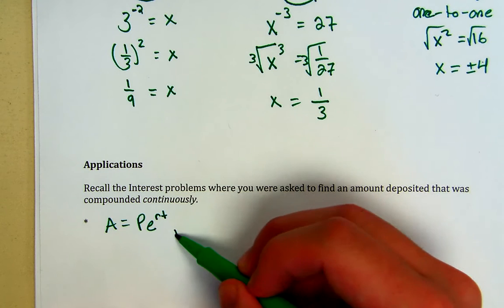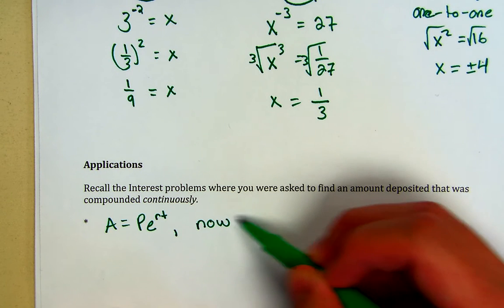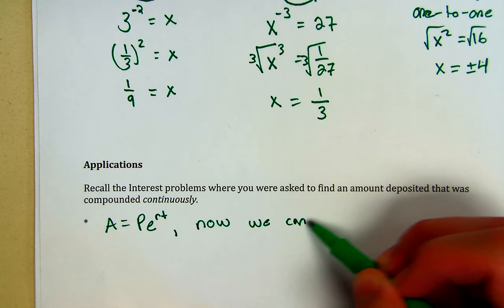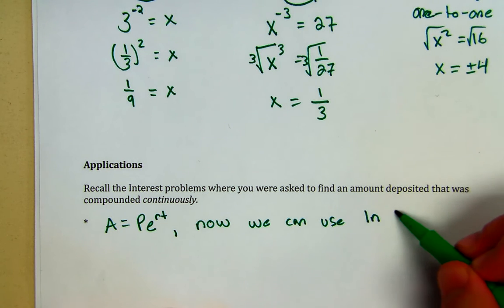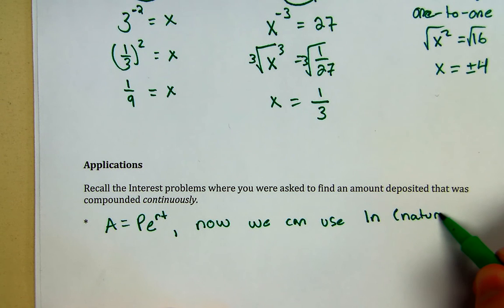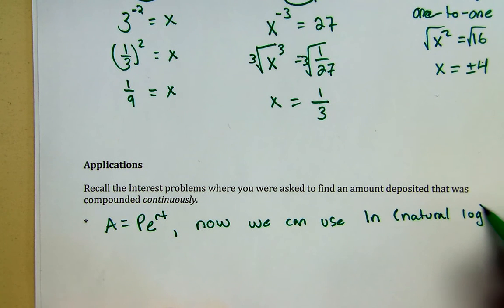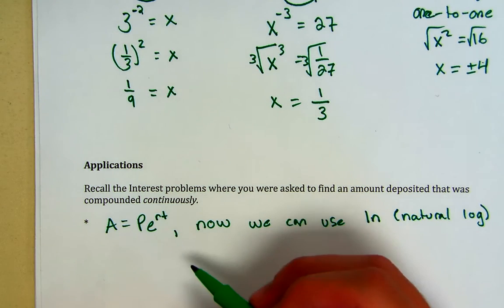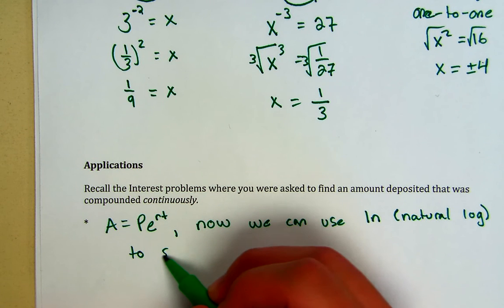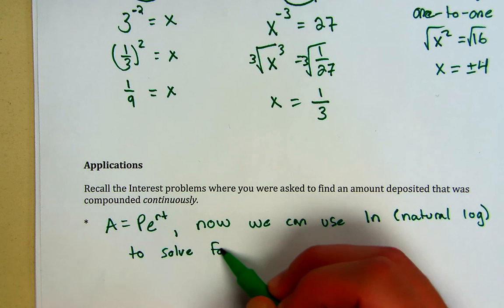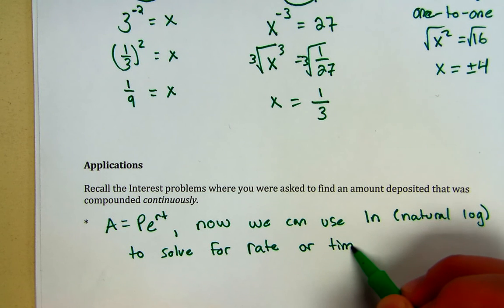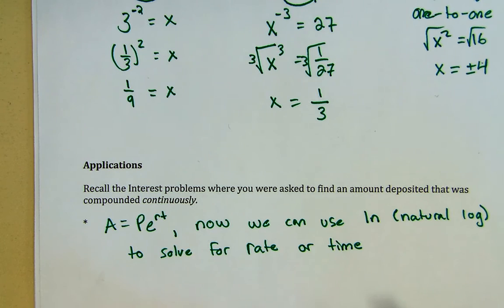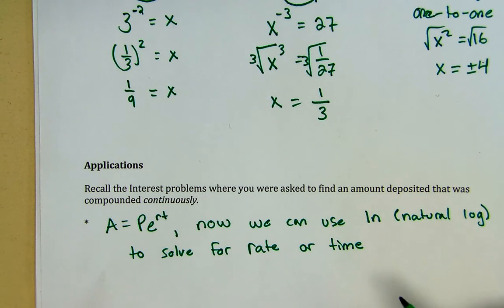Now we're going to use the natural log, ln, to solve for the rate or time. And we can do that because we have those properties that let us bring powers down. So let's walk through an example here.